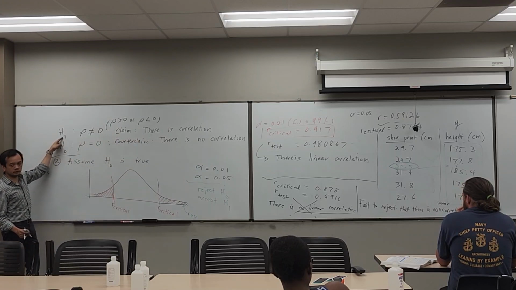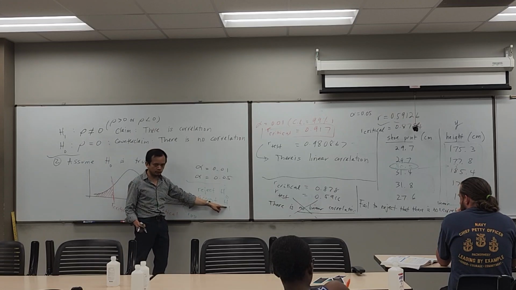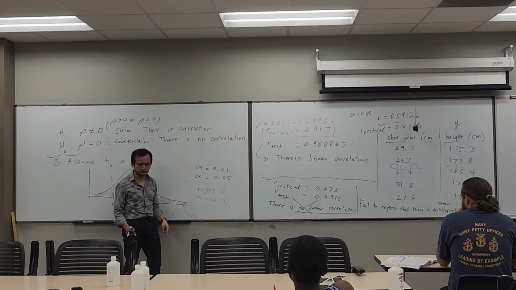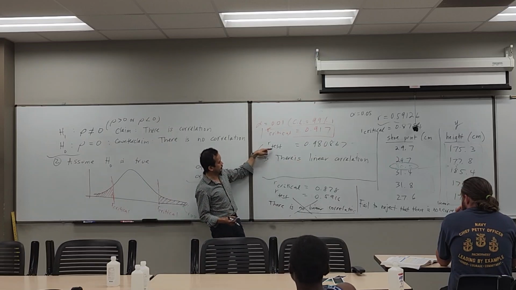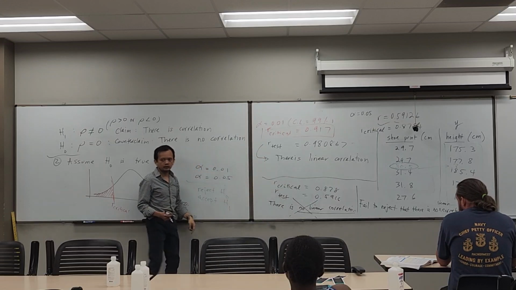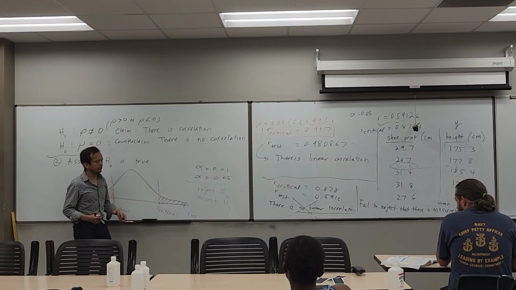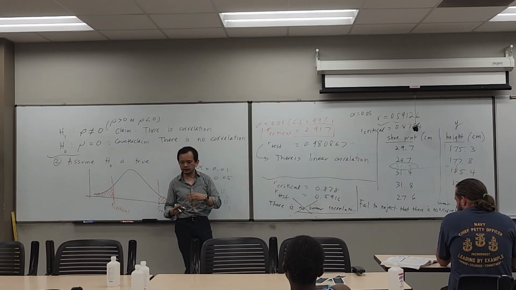That claim is H1, so we look at what we said about H1. So we're going to accept H1, or accept the claim that there is correlation. That's exactly what we said before: if our test exceeds our critical, then we say that there is linear correlation. Another way to say that is that there is enough evidence to conclude that there is linear correlation, and we don't need any more evidence.